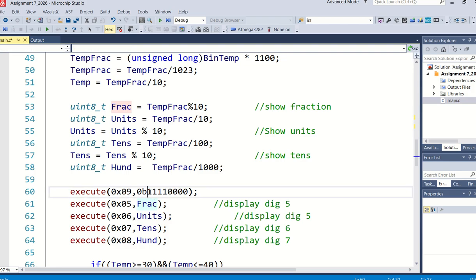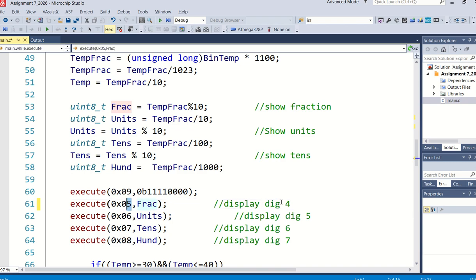So if I look at the first 4, that means display number 5, 6, 7, and 8. Sorry, that is 4.